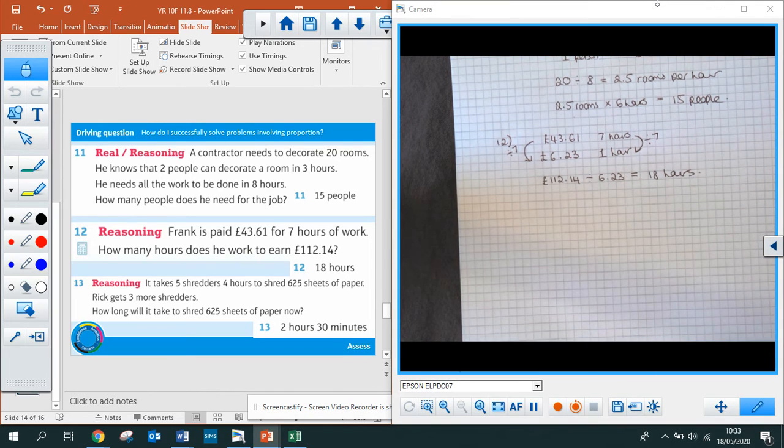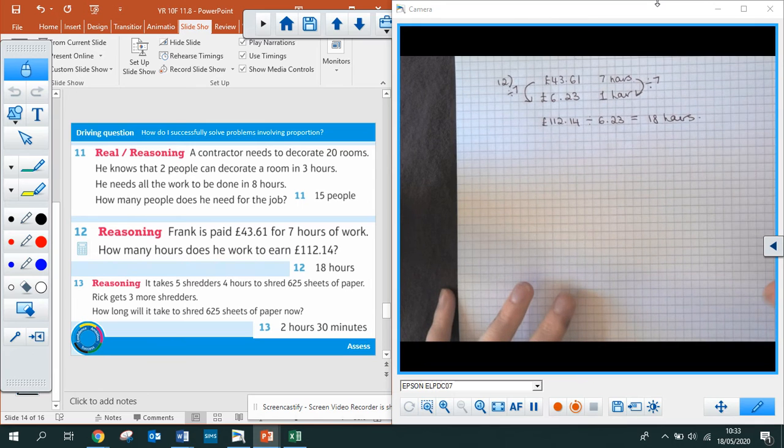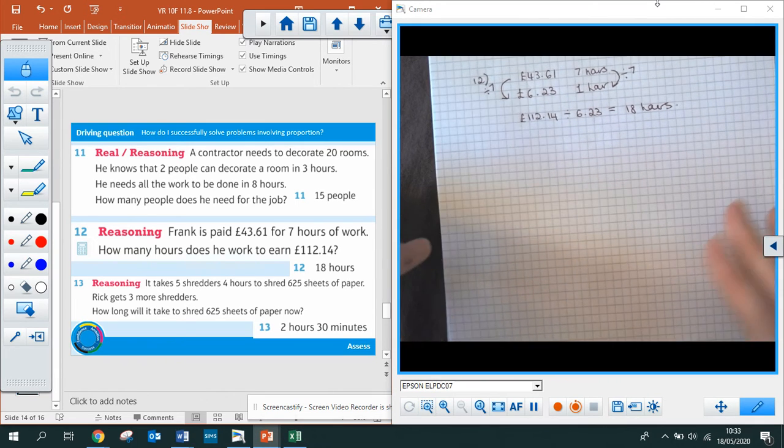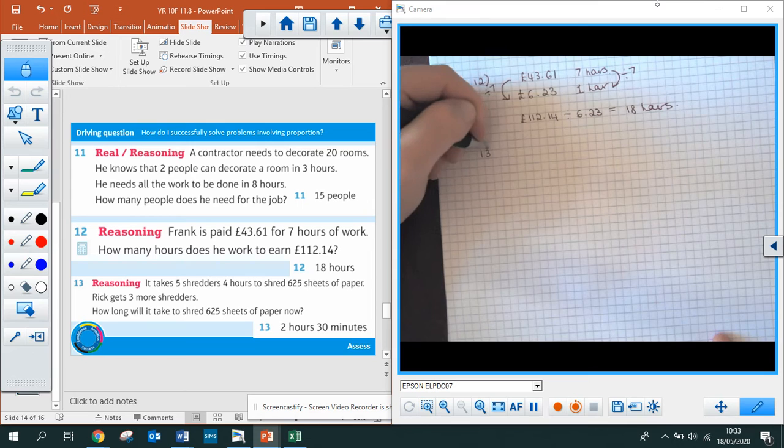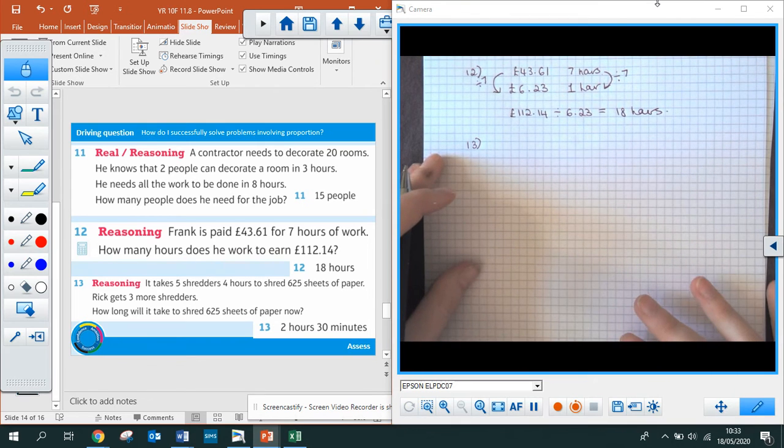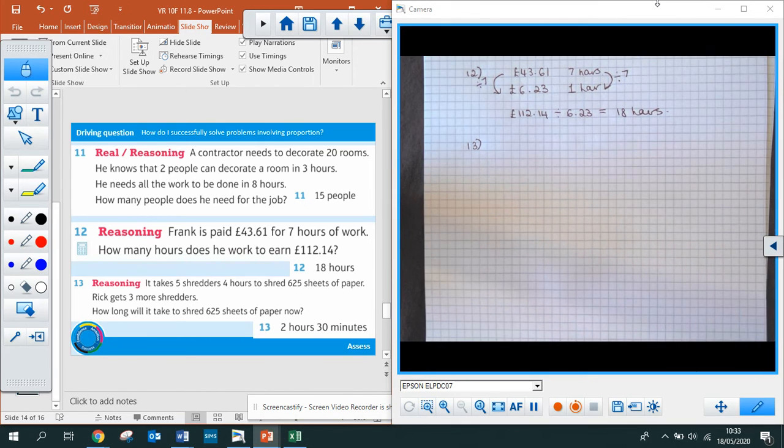Okay, let's have a look at question 13 then. Question 13 says it takes 5 shredders 4 hours to shred 625 sheets of paper.